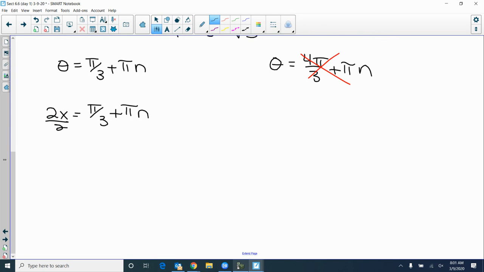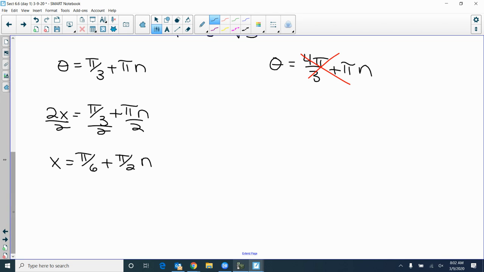Divide everything by 2, and I get x equals pi over 6 plus pi over 2 n. Now, so we don't miss any answers and we get it from 0 to 2 pi, start with n equals 0. Substitute in n equals 0, then n equals 1 until you get something bigger than 2 pi. We don't have to do both cases because that second one is really the same as the first one. For tangent and cotangent, they just overlap because the period is pi.